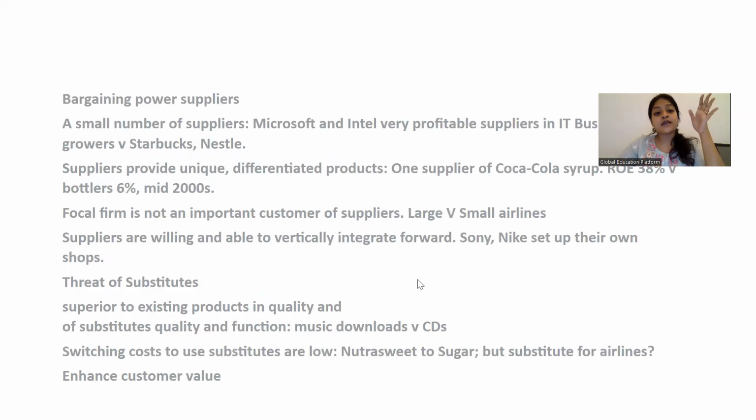Then you have the bargaining power of suppliers. For that, of course, you should be someone who orders in bulk. If you are ordering in small quantities, you cannot have the bargaining power, whereas the suppliers would have the bargaining power. And then threat of substitutes. This will be a problem if you don't have a unique selling point.